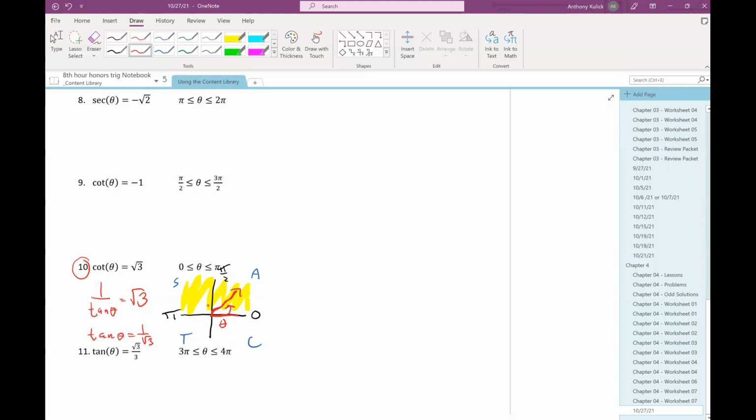Everybody's good with that? So my alpha then would also be in quadrant 1. So in this case, I would want to say, okay, how do I relate theta, 0, and alpha?